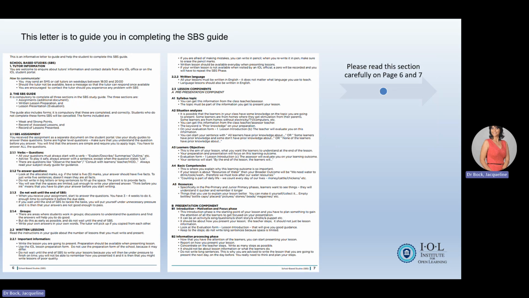There's a letter that is provided in this particular study guide, and it's in your study guide as well. We urge you, this letter is on pages 6 and 7. We want you to read it carefully so that you have an understanding.